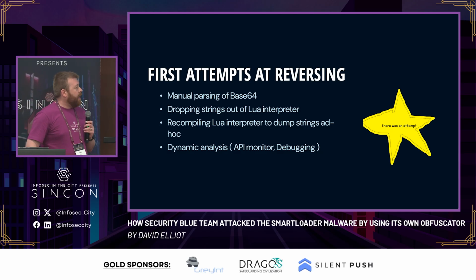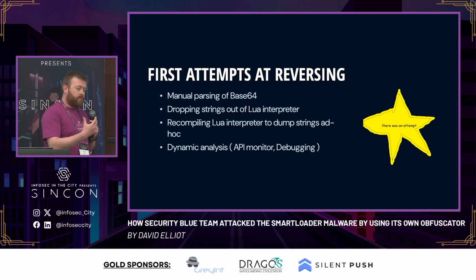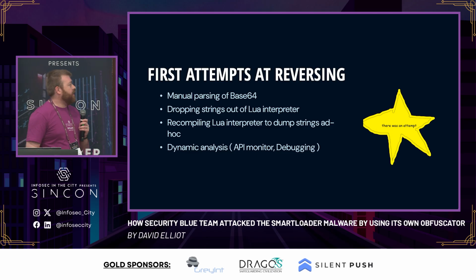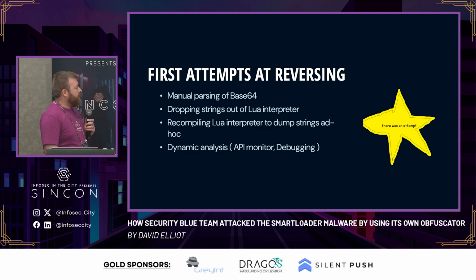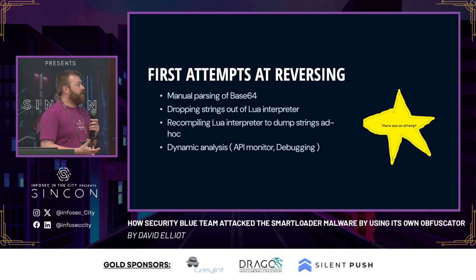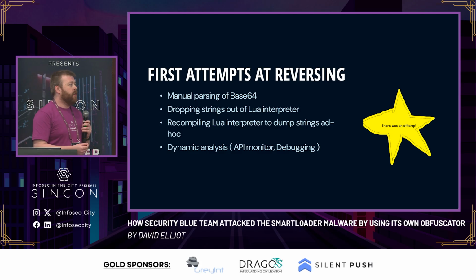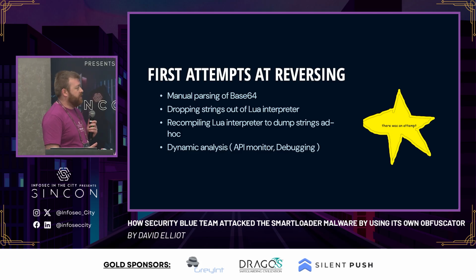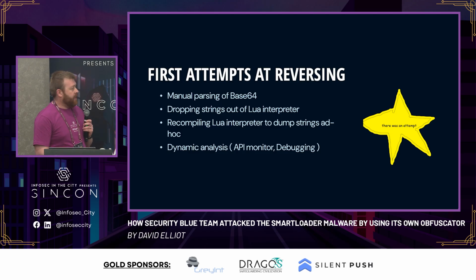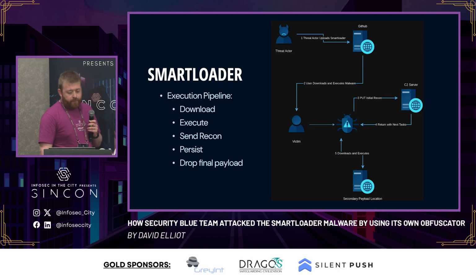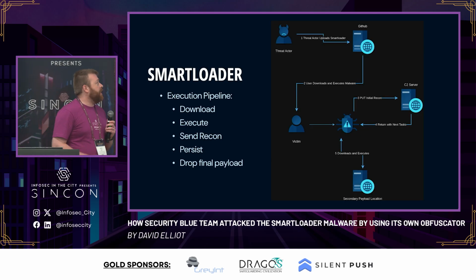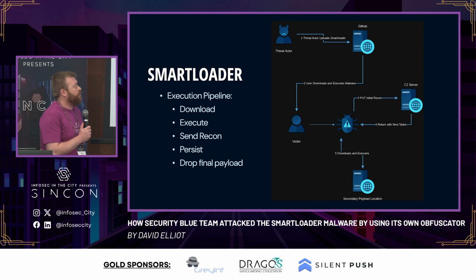Just everything we can in order to get the strings in a format that allows us to do further analysis. We also did dynamic analysis. So whilst we're running the malware, we're able to see what actions it takes on the system and what things we can do to detect it. So with our analysis, we managed to find out the full execution pipeline.